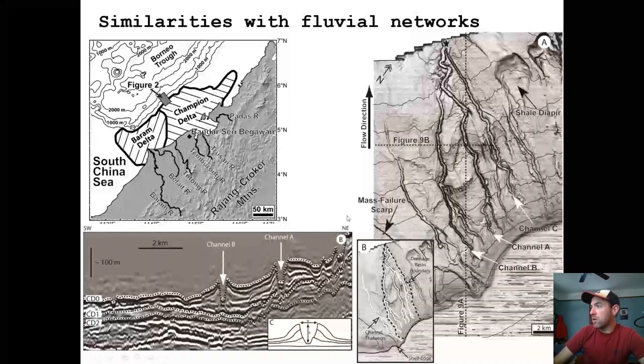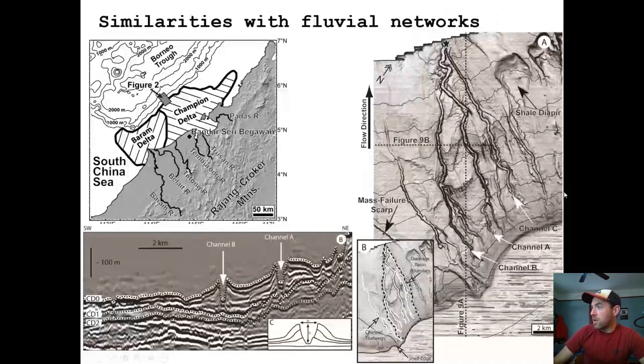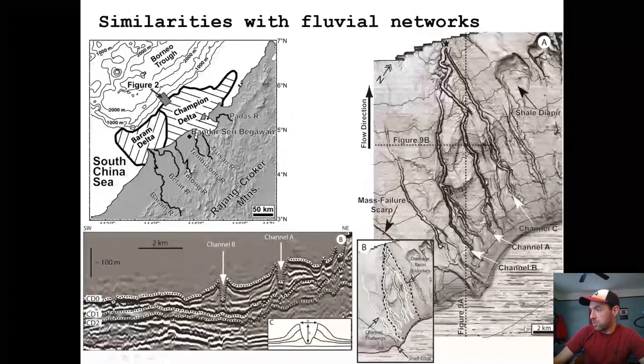For example, here is a bathymetry map showing the shelf up here. The stripes are from seismic profiling, and so the data up here is not that great, but you can see these submarine channels and canyons that are forming this tributary network, just like you might expect to see in a river system, right?